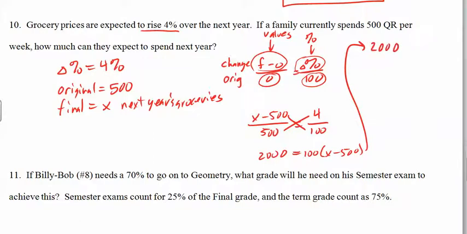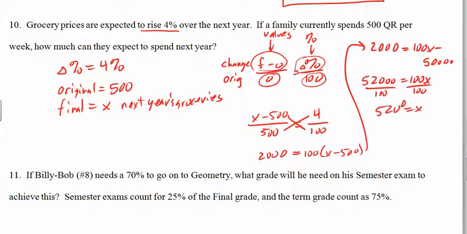So I've got 2,000 equals 100x minus 50000. Because this is minus 50,000, I'll add 50,000. So that will give me a total of 52,000 on this side equals 100x. Divide both sides by 100, and we get 520 equals x.